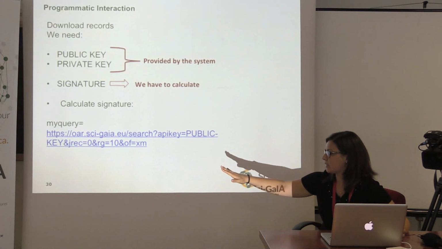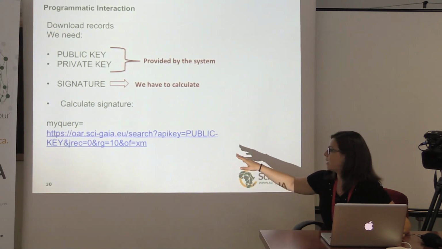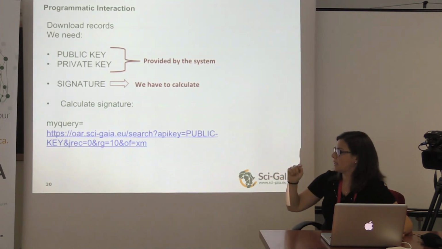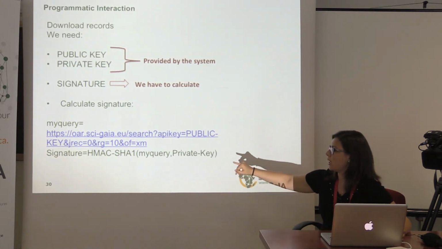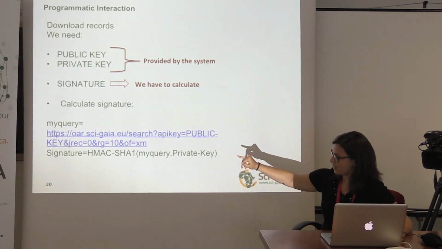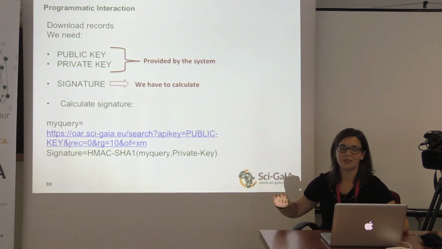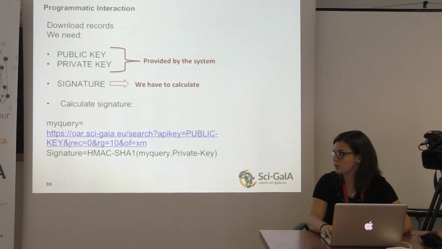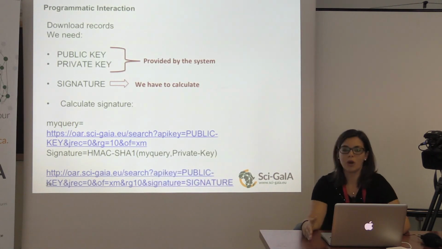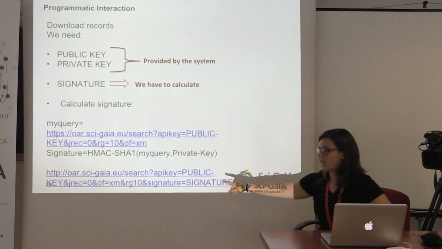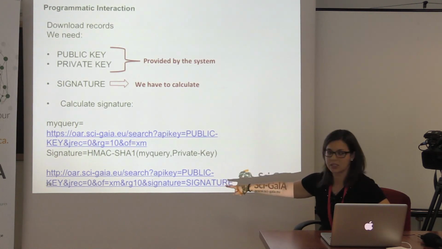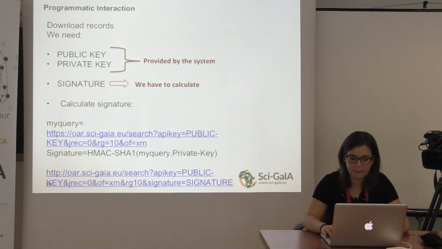You have to write your query that must contain the API key with the value of your public key and pass it with the private key to the HMAC method that produces the signature as output. If you want to load one or more records, for example, from your script, you have to use this query that contains the API key and signature that you have just calculated.